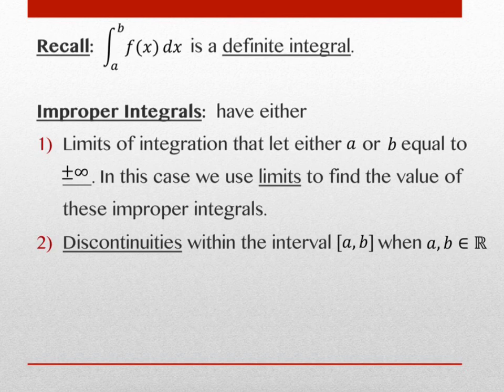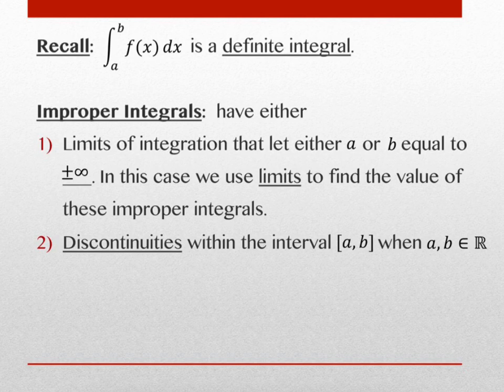In this case, we use limits to find the value of those improper integrals, and you'll see how that works. The second option is that we would have a discontinuity within the interval ab for our real numbers a and b.